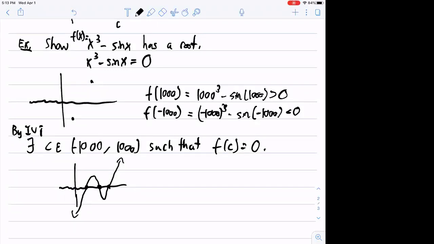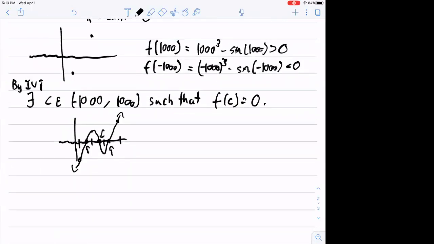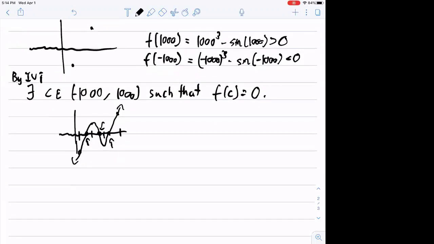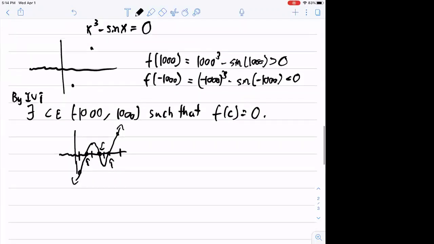If you choose a value here, you're going to get a root here, but you don't want to choose a value here. Sure, you get positive and negative, but you want to isolate the roots. You want to choose a point here to get the root right here, and then a point here to get the root here, and then a point there to get the last one. You need your interval small enough. But hopefully you get the idea on how to do that question. It's just three IVTs.